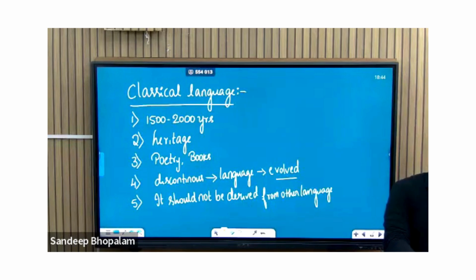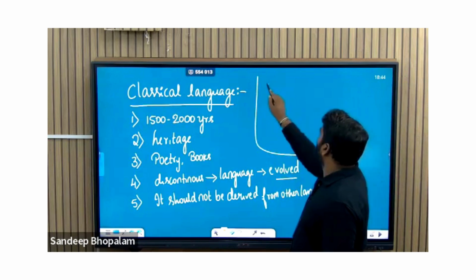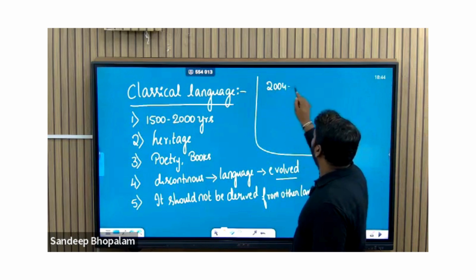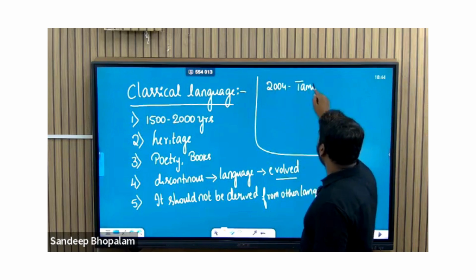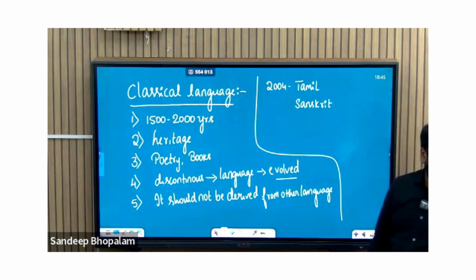Now, because of this, what happened? In 2004, Tamil was given classical language status. Later, Sanskrit was given classical language status. Okay.